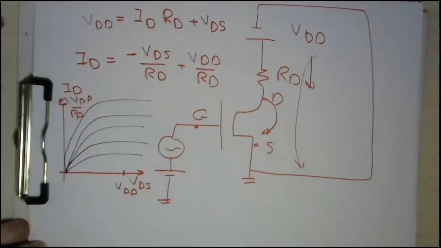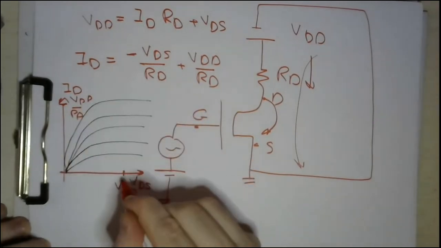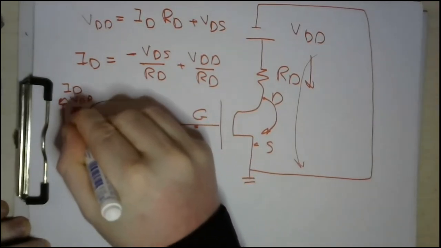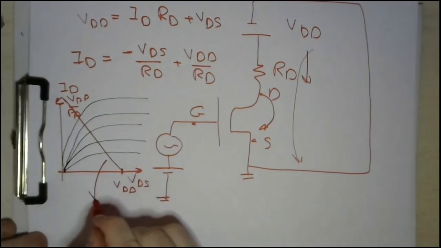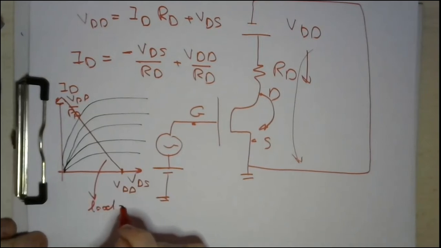And as far as this is a straight line, what you are going to do is just link this together. This is what we call, my dear students, the load line equation.